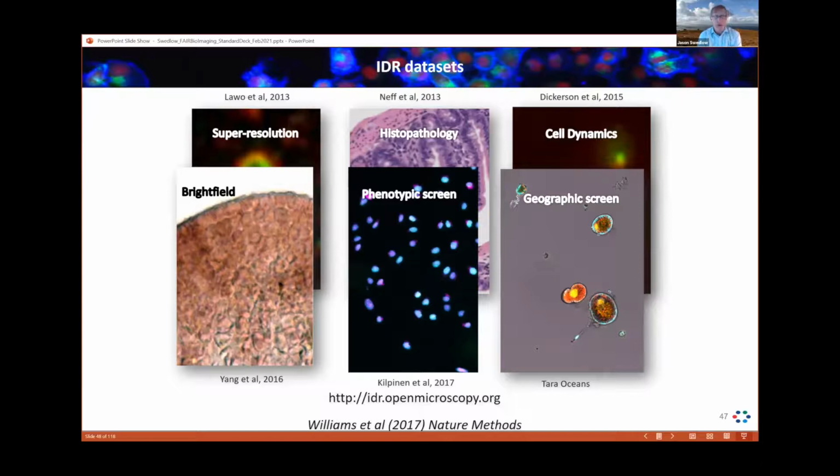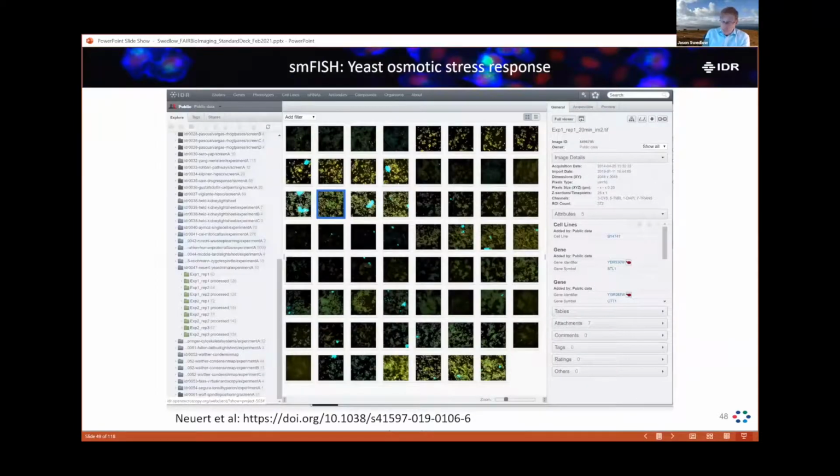To put it simply, put a bucket in the ocean in different locations all over the world, do a full metagenomic analysis to identify those species at a molecular level, but also stain and image all of the species that are discovered. And so we have this record of an incredible number of species in the world's oceans in the IDR.